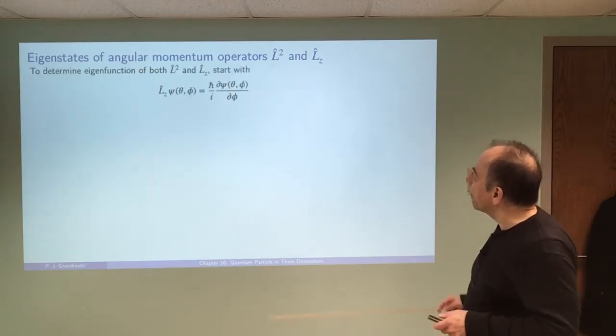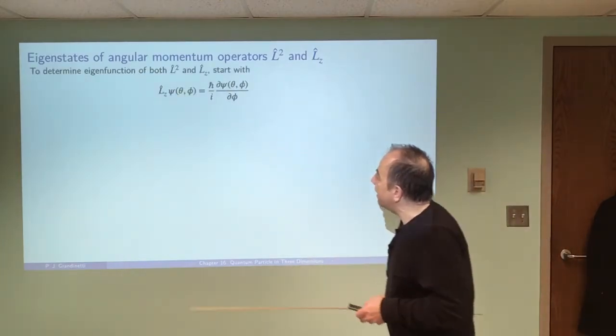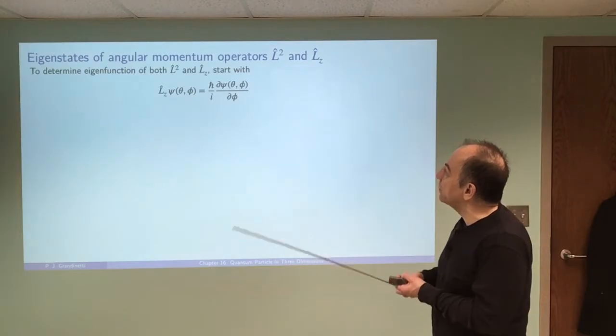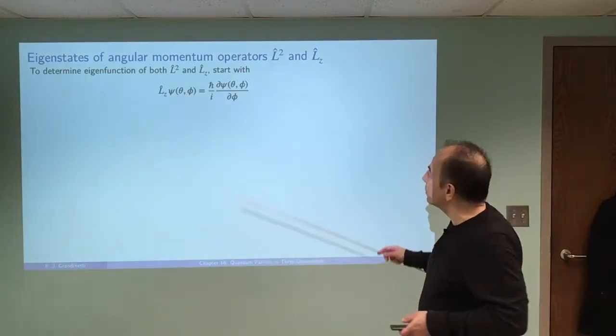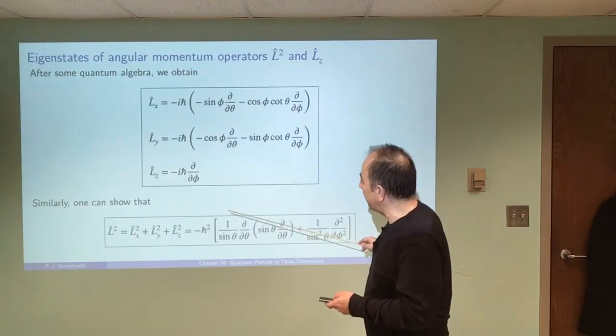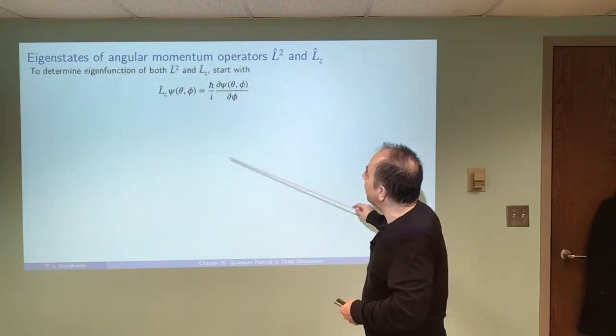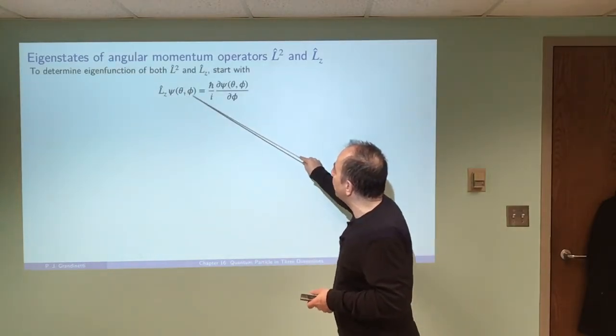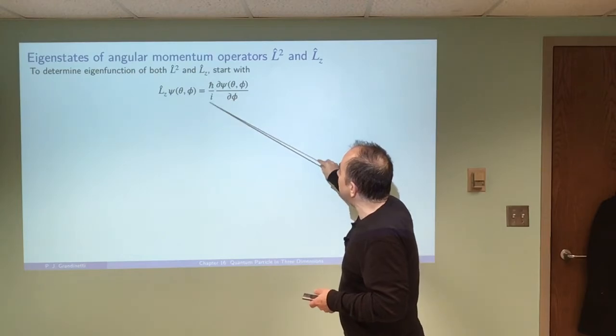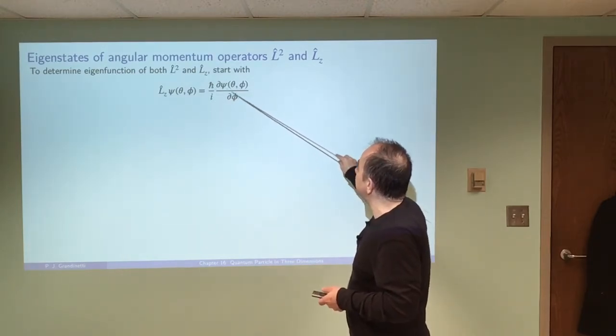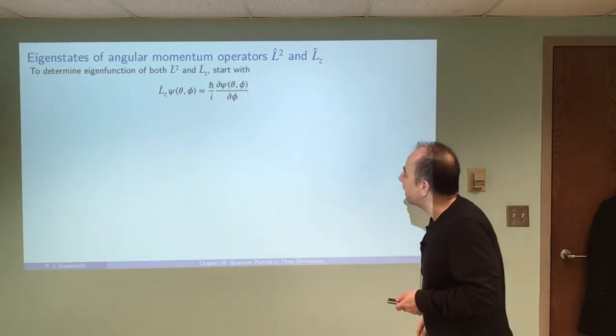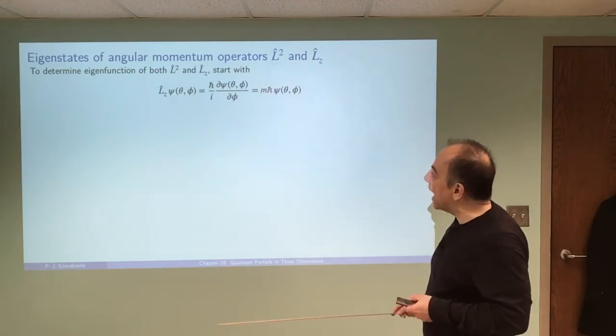So let's keep going. If we want to get the eigenfunctions for both L squared and Lz, let's start with the simplest one, which is Lz. The Lz operator is just this. If we write down Lz operating on the wave function, we have minus i h bar times the partial of psi with respect to phi. And of course, we know the eigenvalue for this.